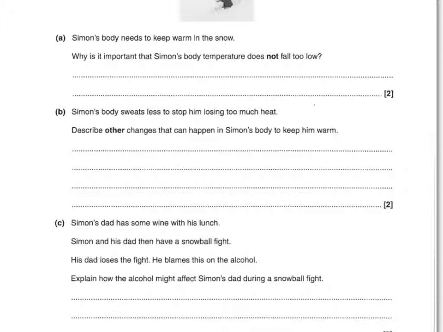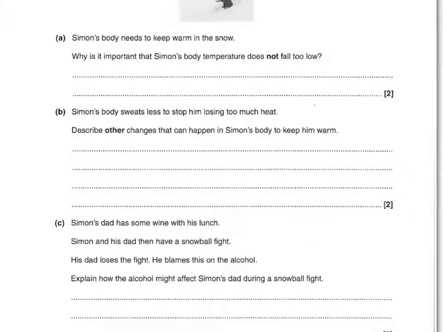You could also have that his body will increase respiration, or you could say he could increase exercise, or you could say that it will have less blood flowing to the skin, or you could say that the hair on the skin will stick up. And if you said the hair on the skin sticks up to trap air, that will be 2 marks just for that sentence. So any 2 from those ones, and that will get you 2 marks. If you only got 1 of them, that will get you 1 mark.